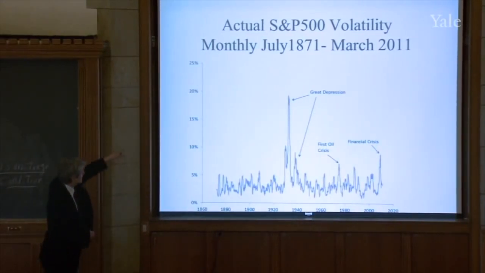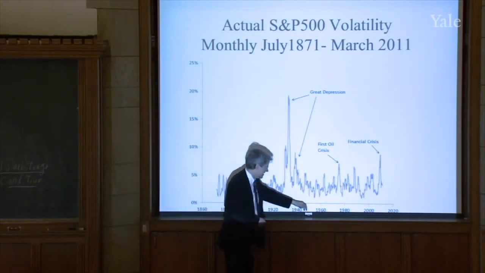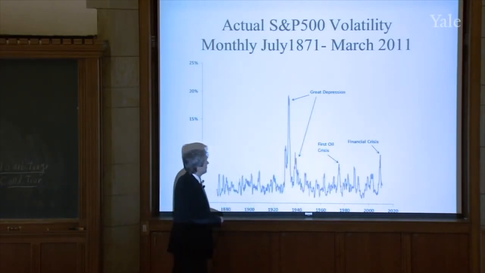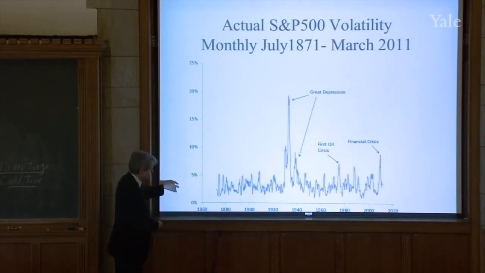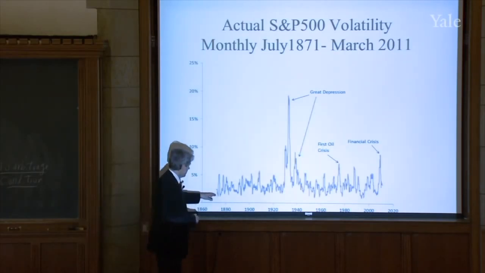Well, in my chart title, I said S&P 500. The Standard & Poor 500 stock price index technically starts in 1957, but I've got what they call the Standard & Poor composite back to 1871.